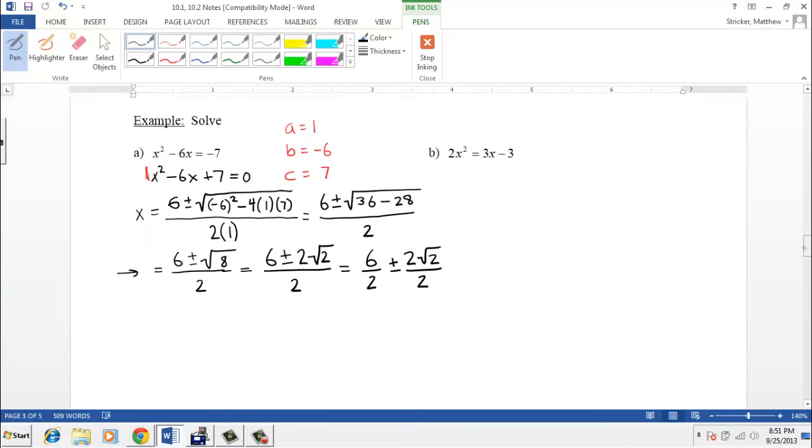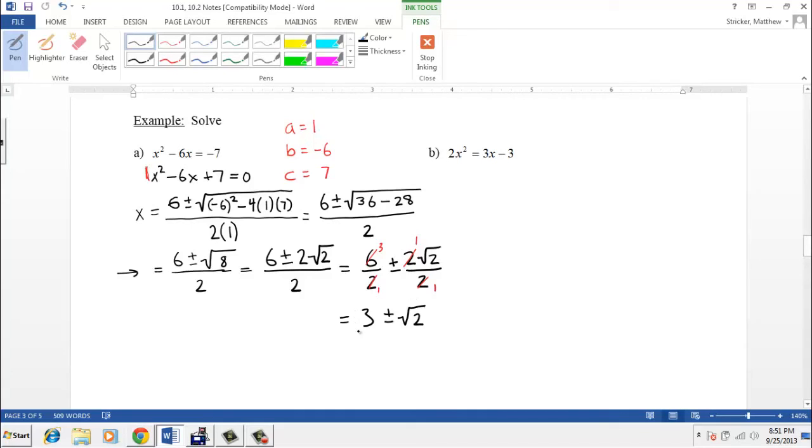And then this simplifies because 2 goes into 6 3 times. And then here 2 goes into 2 once. And so this simplifies down into 3 plus or minus just the square root of 2, which again is two answers. And sometimes it might be worthwhile to leave it like this.